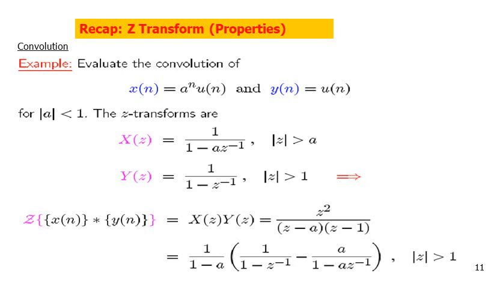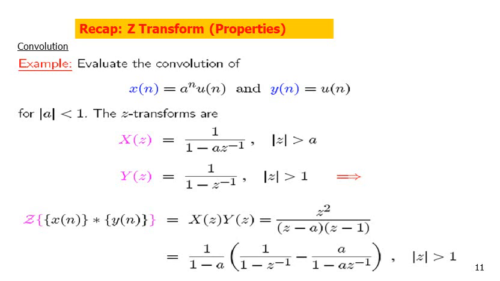But for the time being, just remember that we are doing the partial fraction of the product of X of z and Y of z, and getting the last expression, in which we can see that the first part, which is 1 over 1 minus z inverse, is actually the z transform of u of n, and this next part, a over 1 minus a z inverse, is the z transform of a times a^n u of n.